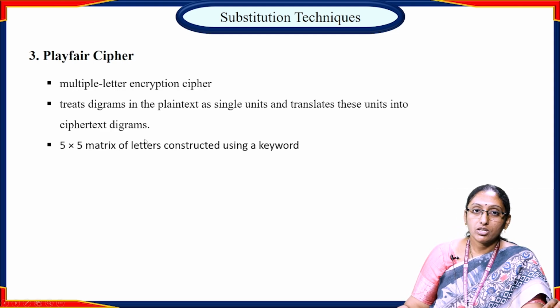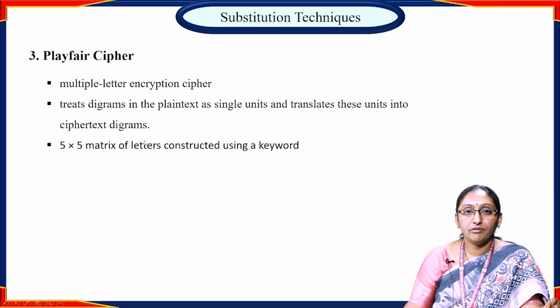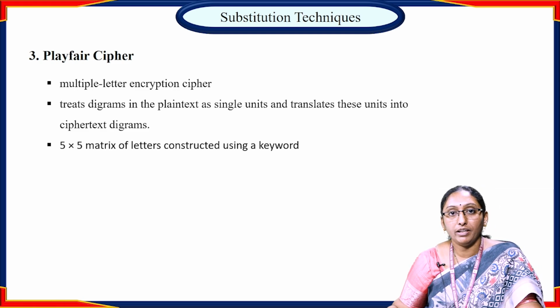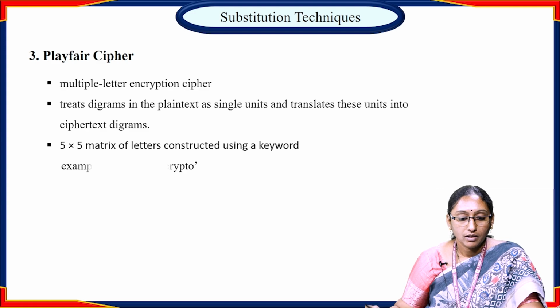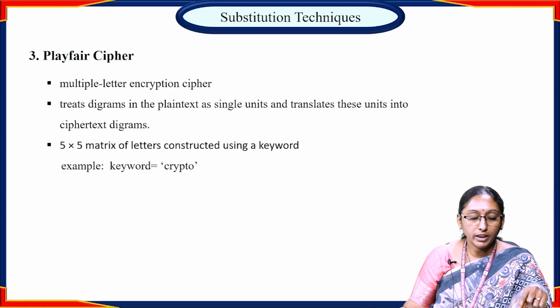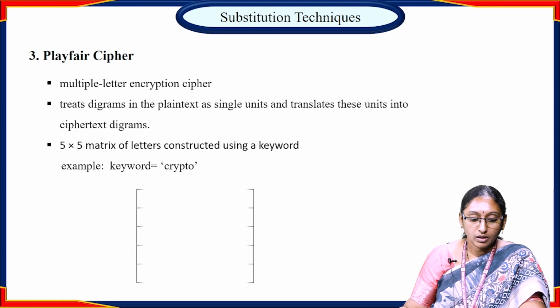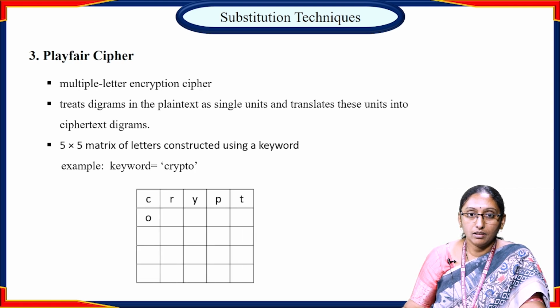For this conversion, Playfair uses a 5x5 letter matrix, constructed based on a keyword. Let us see an example of how we can construct a 5x5 letter matrix using the keyword crypto. I am taking a 5x5 matrix.